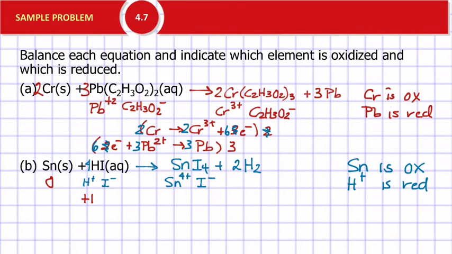And what does the iodide have to be? It has to be -1. And then over here, tin and 4 iodines. This is an ionic compound, so we look at charges. The tin is +4, the iodine is -1. And in H2, what is the oxidation number for hydrogen? 0.